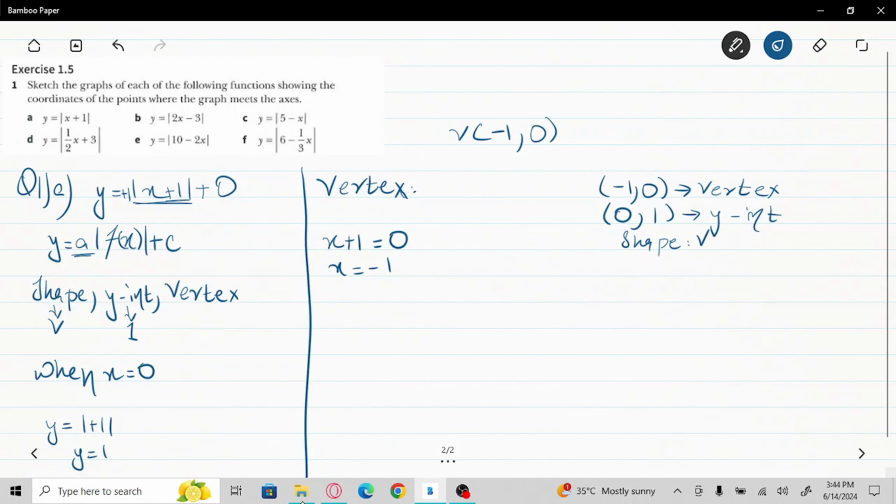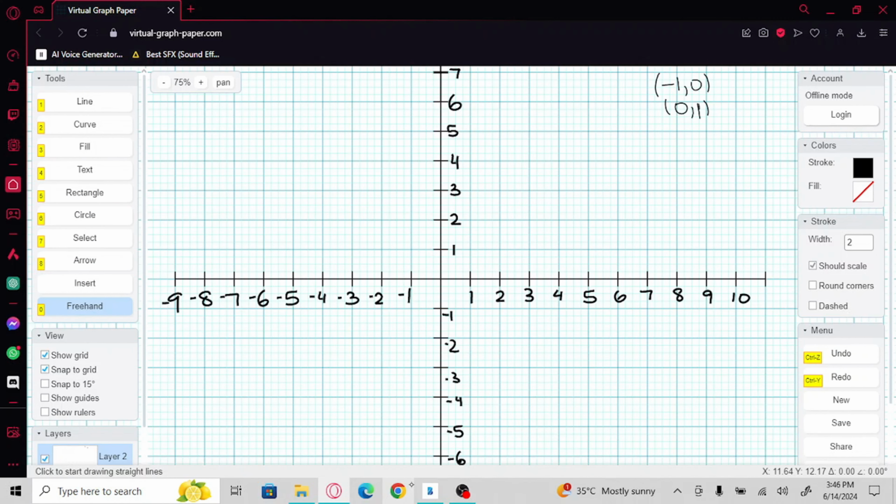That makes it easy, so let us go to the graph so that we can solve this. I've just copied my two coordinates here. This is the vertex, and this is our y-intercept. And let us plot this graph.